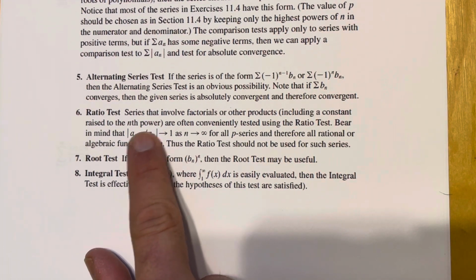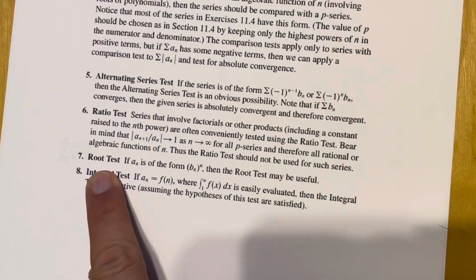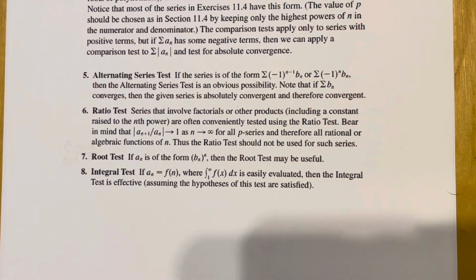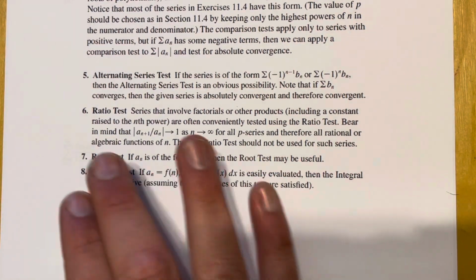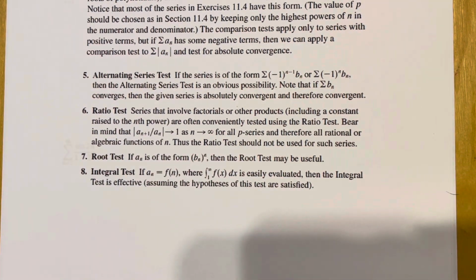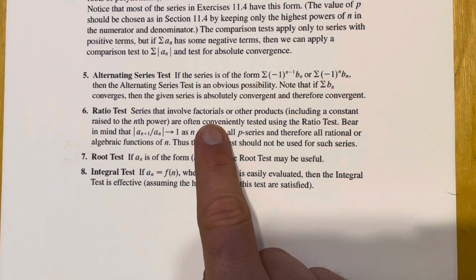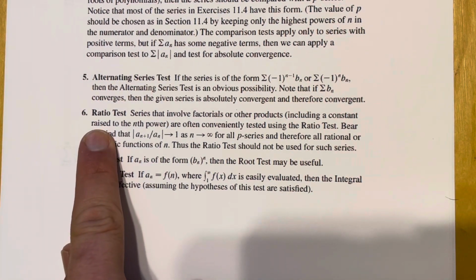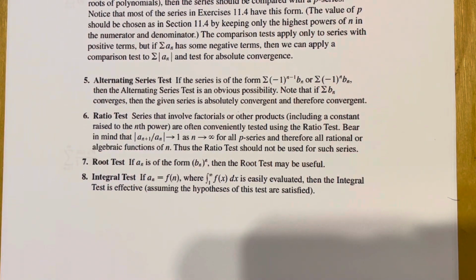Oftentimes, if something's raised to the nth power, we tend to use the root test, but the ratio test can also be useful in those cases. The reason this is useful is because things that involve a lot of multiplication, like factorials or other kinds of products, will have a whole lot of cancellation once you set up the ratio in your ratio test. So the ratio test has the ability to simplify the thing that we're taking a limit of.